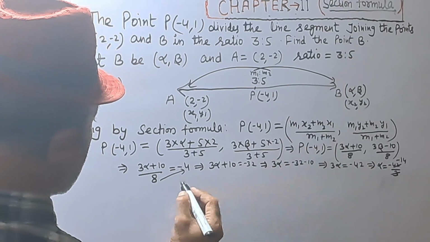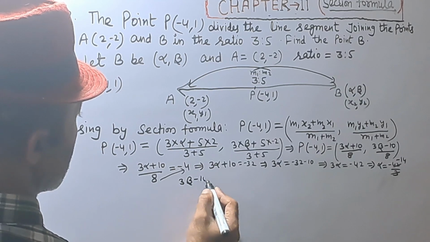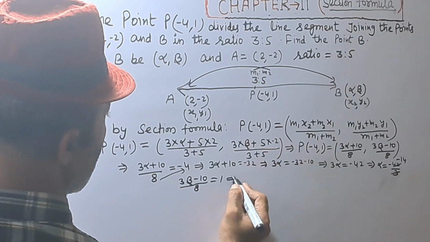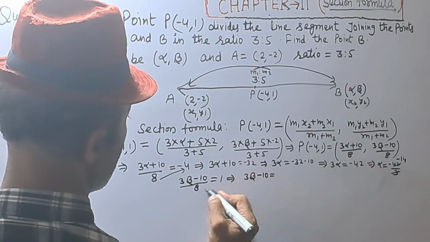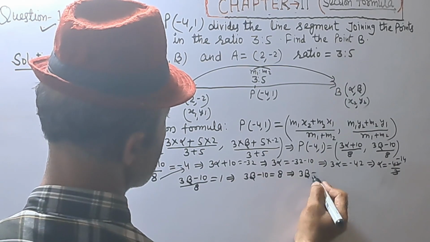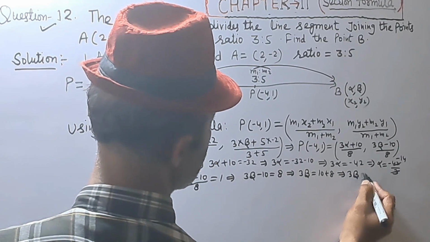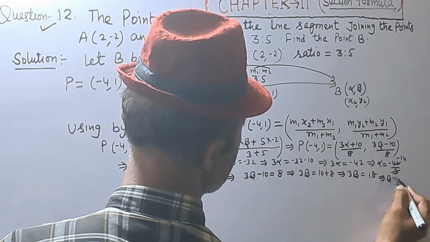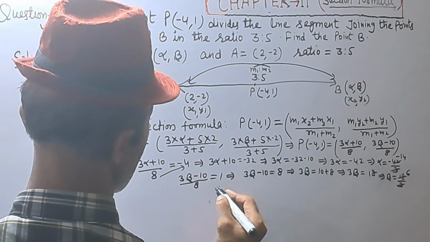And second point is (3 beta minus 10)/8 is equal to 1, which implies 3 beta minus 10 is equal to 8, 8 ones are 8. 3 beta is equal to 10 plus 8, and 3 beta is equal to 18, which implies beta is equal to 18 divided by 3. 6 3s are 18.